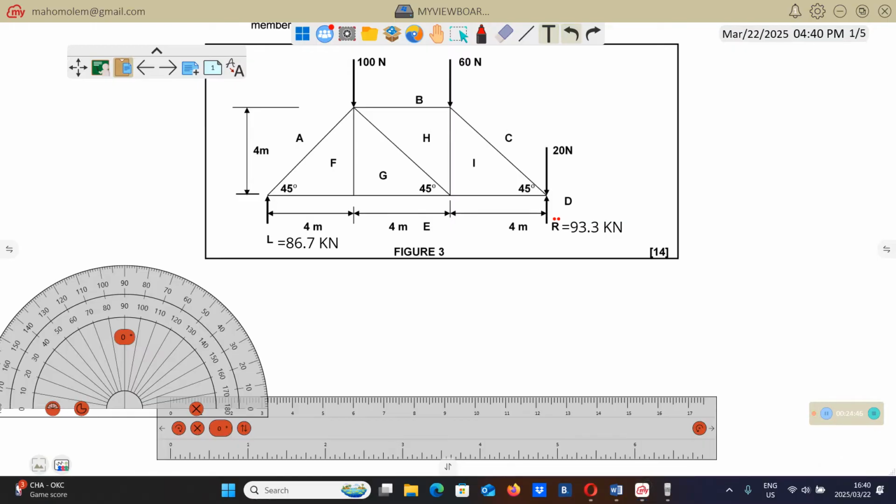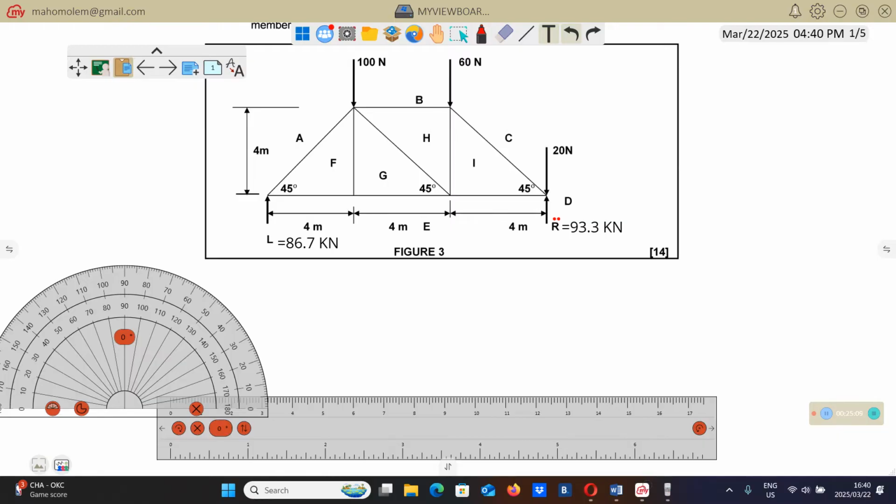Okay, so now our task in this problem is to find how much this member is going to carry. I've shown you the members before. Each member is going to carry a certain amount of force, or have a share of the load.